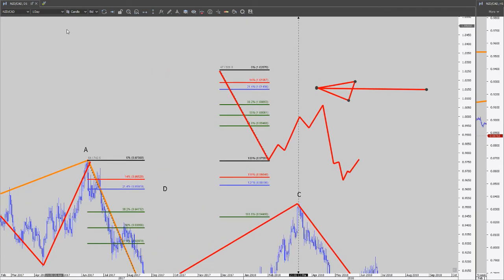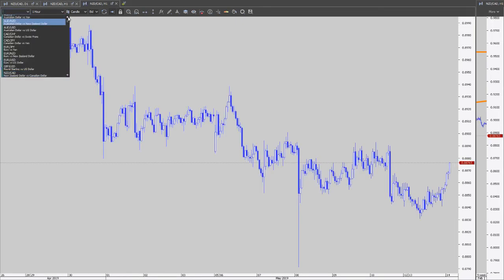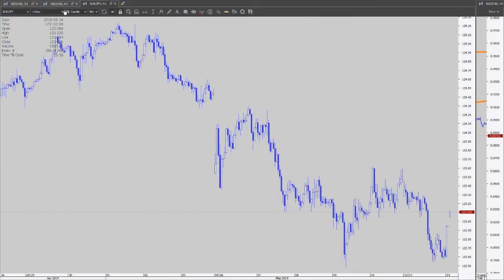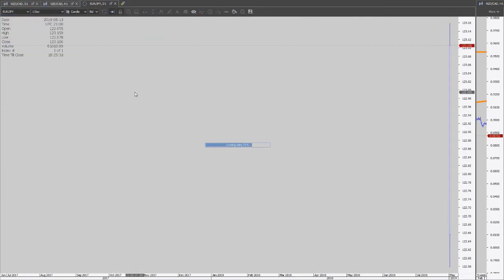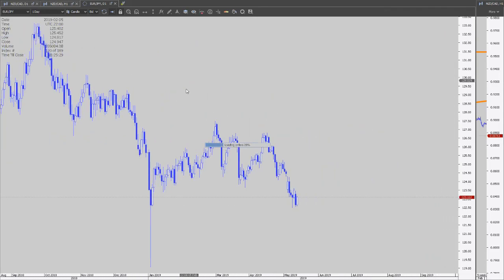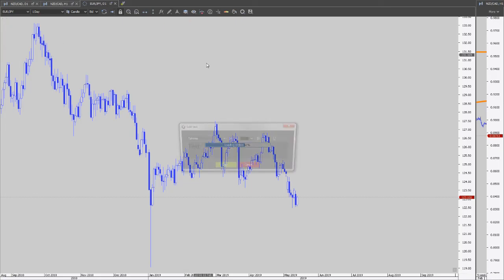Okay, homework until tomorrow. Euro JPY daily chart. Short or long. Okay.